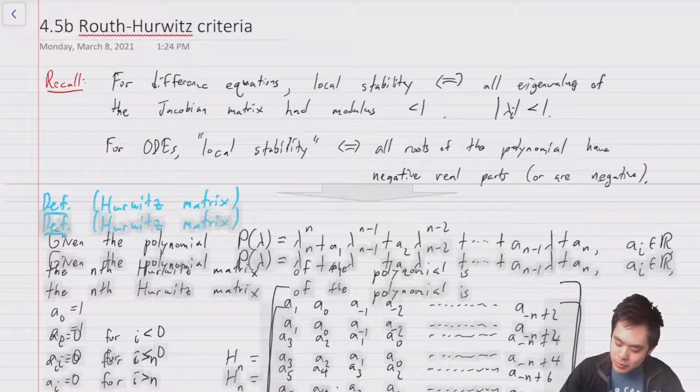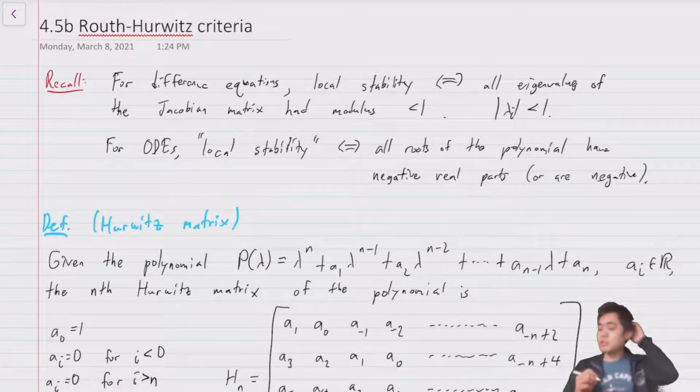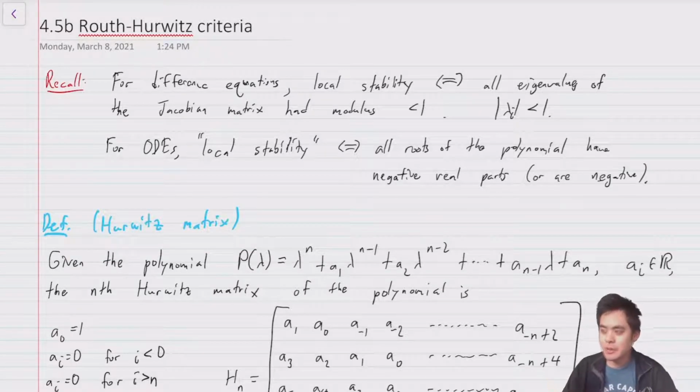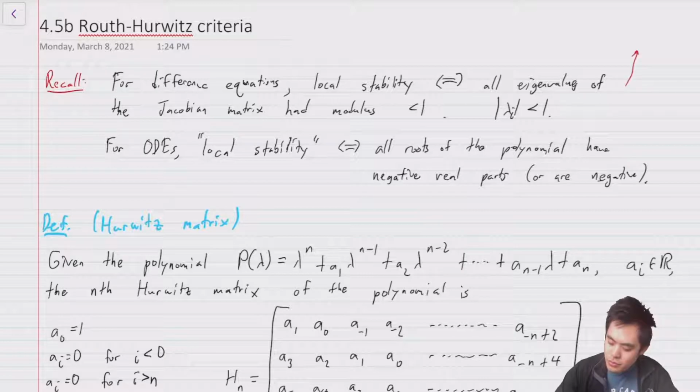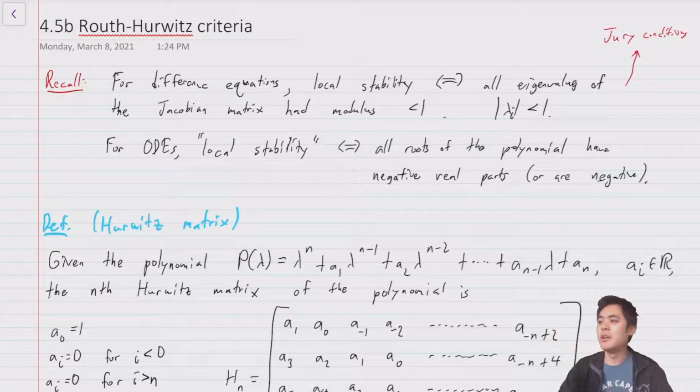And so now, remember that sometimes we can just directly compute these eigenvalues or these roots, but other times that's a little bit complicated. And so for this, we had something called jury conditions, which were a quicker way of figuring out whether all the eigenvalues have modulus less than 1.